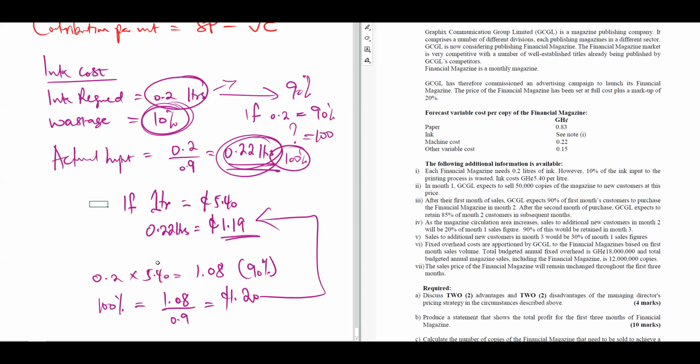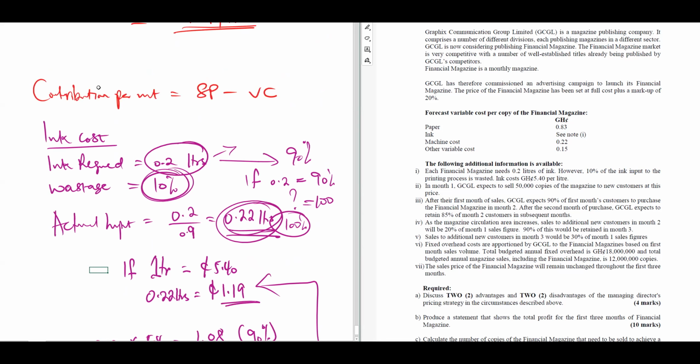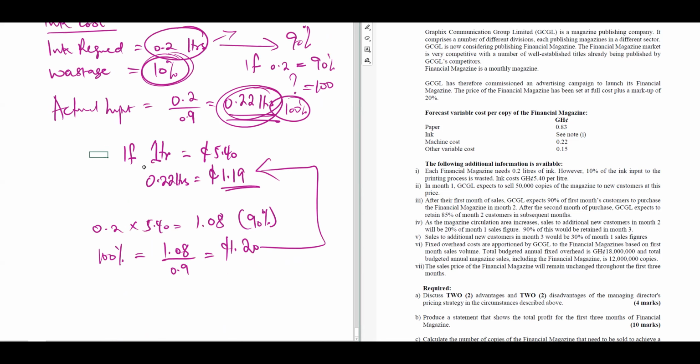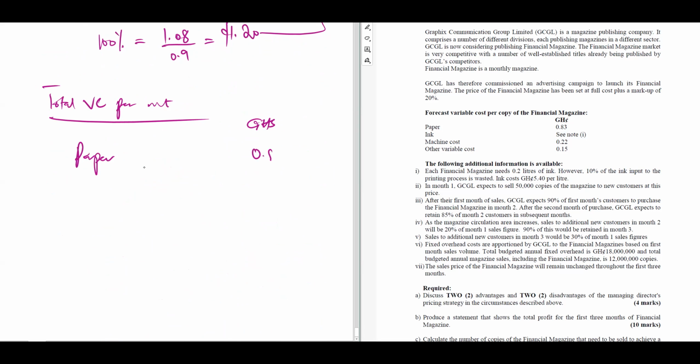You see management accounting. To get contribution, we've got the cost of the ink now. So we get our total variable cost per unit now. So our variable cost per unit, we have what? Paper. Paper is a direct material, 0.83 per unit. We have ink. Let's use 1.2 or 1.19. Also, we have machine costs per unit, giving us 0.22.